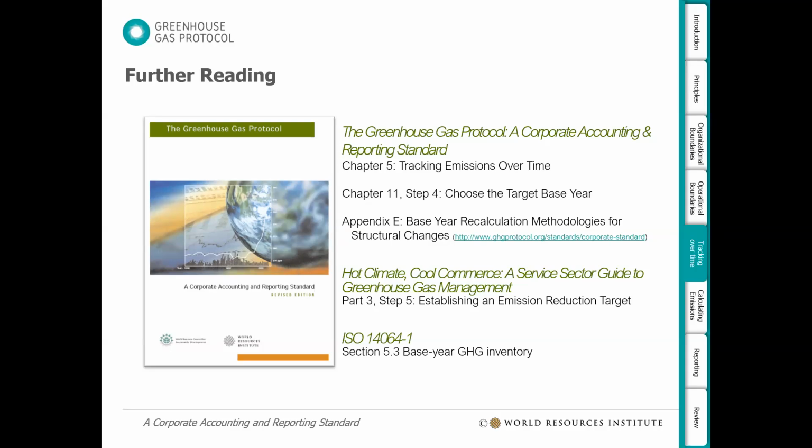And Appendix E, which is online, provides some further guidance on recalculating the base year inventory to account for changes in organizational structure. So those should be your primary references if you have any questions on this topic outside of this training program.